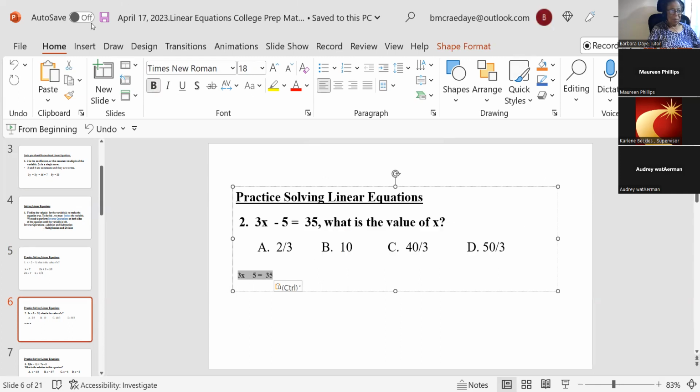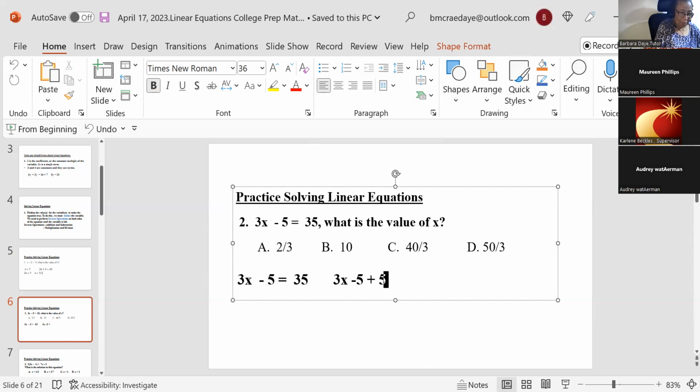So let me just make this bigger. Okay, so you add the 5 to both sides. Now, what would that give you? 3x minus 5 plus 5, we're adding 5 to both sides, equals 35 plus 5.